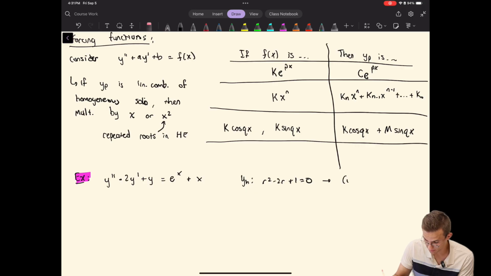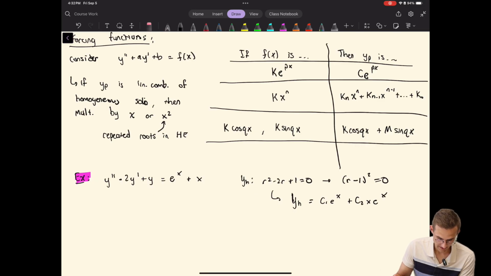This is going to lead to a repeated root, r minus 1 squared equals 0. So therefore, the homogeneous solution is equal to c1 e to the x plus c2 times x e to the x.